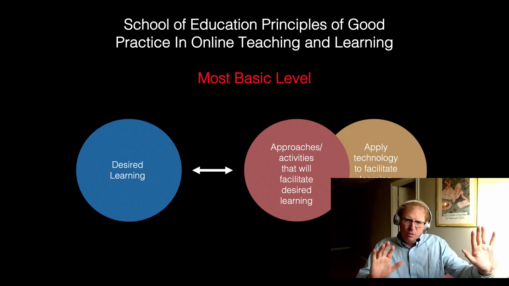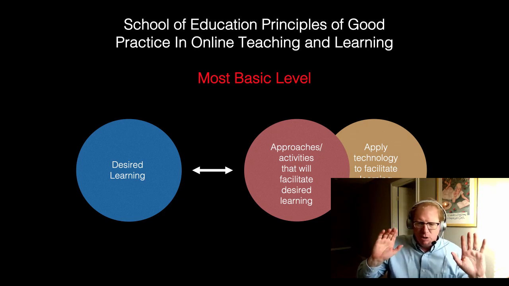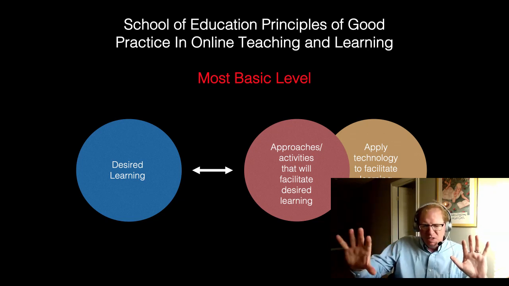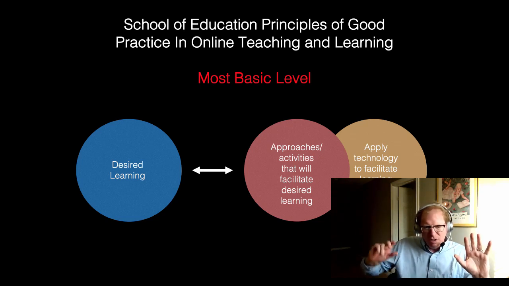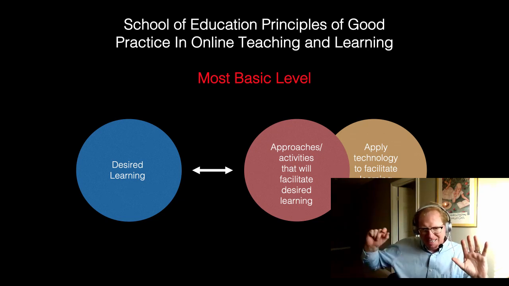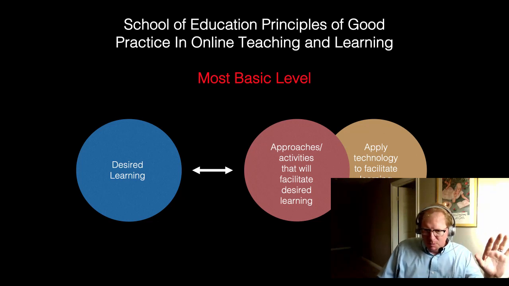How am I going to create activities that are going to allow us to learn that? I need to create a video, which is going to introduce a set of concepts. I need to have a discussion board, which is going to help us to understand and differentiate those concepts. And then I need an assignment, which is going to help us to work with those ideas so that we better understand the desired learning that comes with it.